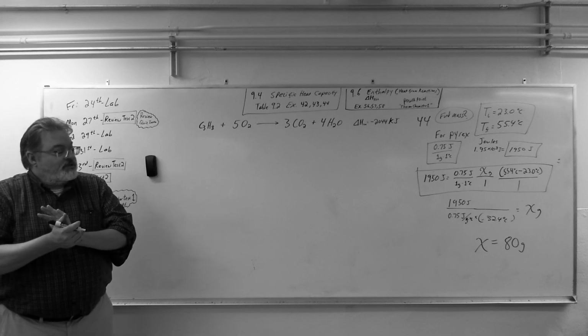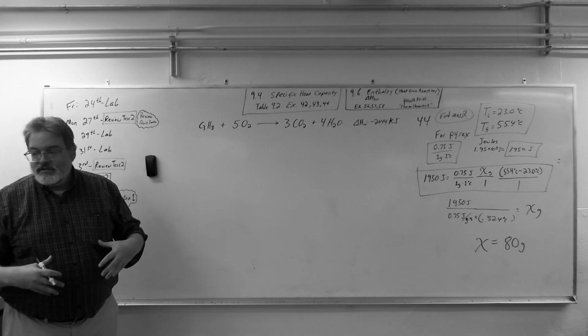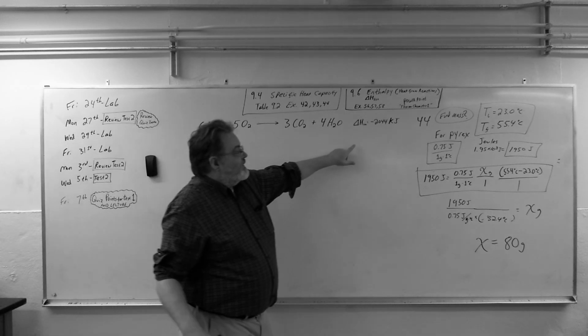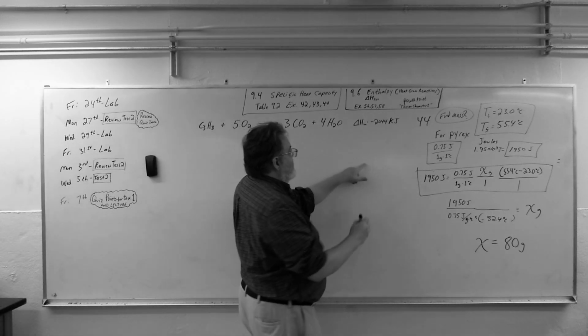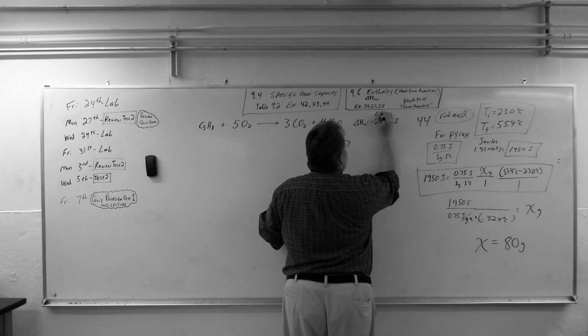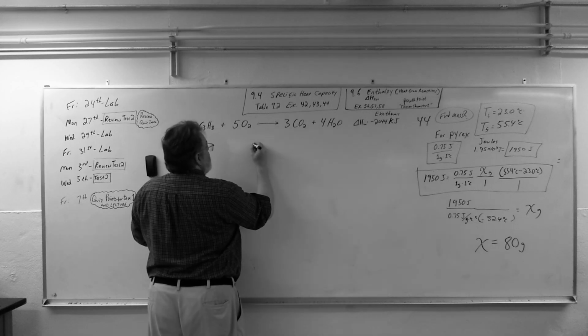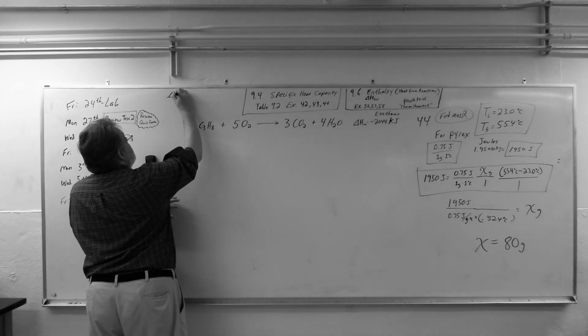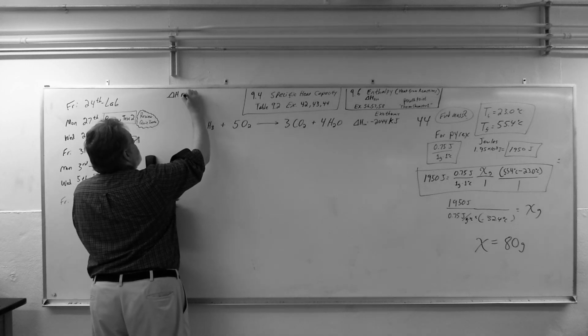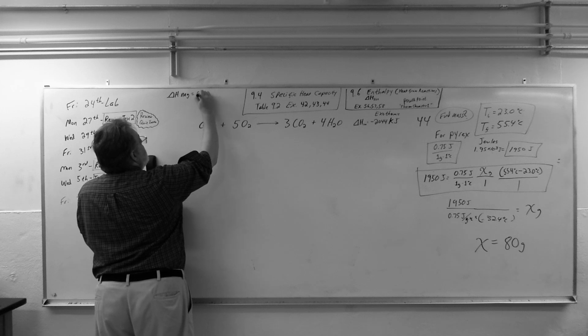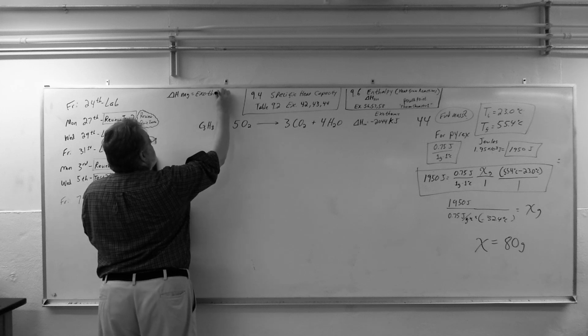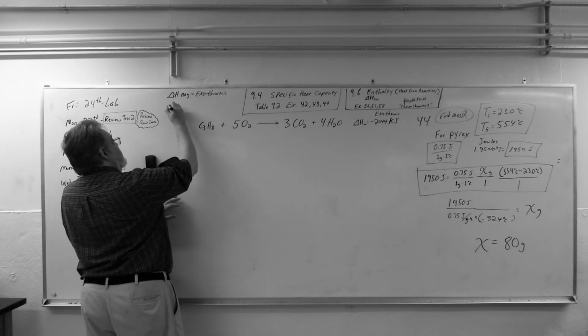It is possible to do a reaction that absorbs heat, and then this would be positive. But when it's negative, you say it's exothermic. So I'll write this up here. Delta H negative because heat is leaving.